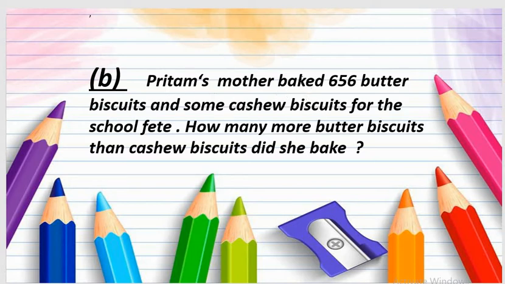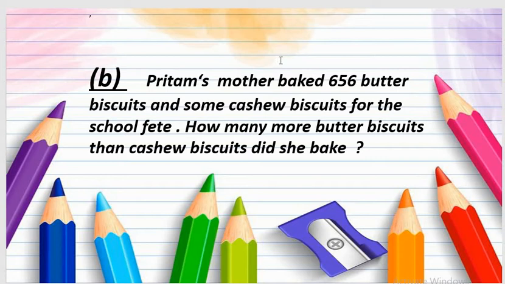Baked means already baked. 656 butter biscuits and some cashew biscuits for the school fete. So how many more butter biscuits than cashew biscuits did she bake?